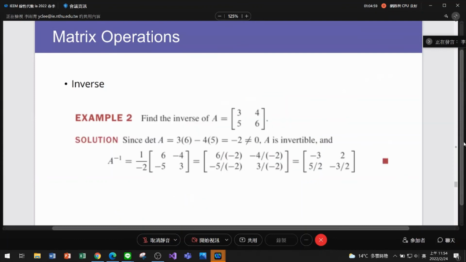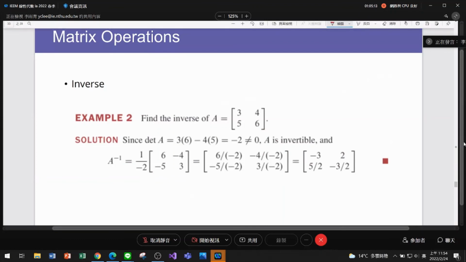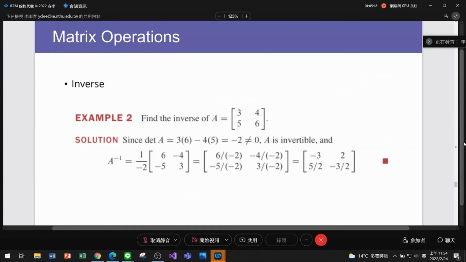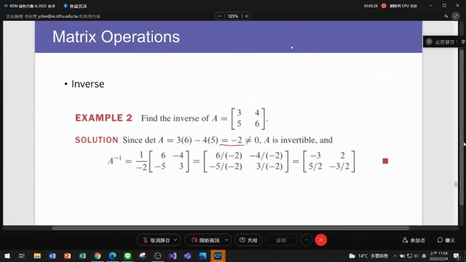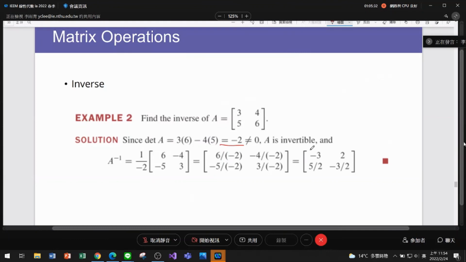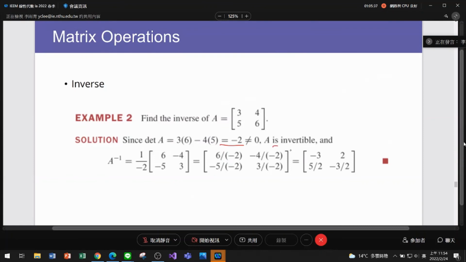And here, again a 2x2 matrix. We want to find the inverse of this 2x2 matrix. We can first calculate whether the denominator 3 times 6 minus 4 times 5 is 0 or not. It turns out that it's -2. It's not equal to 0. So it is invertible.